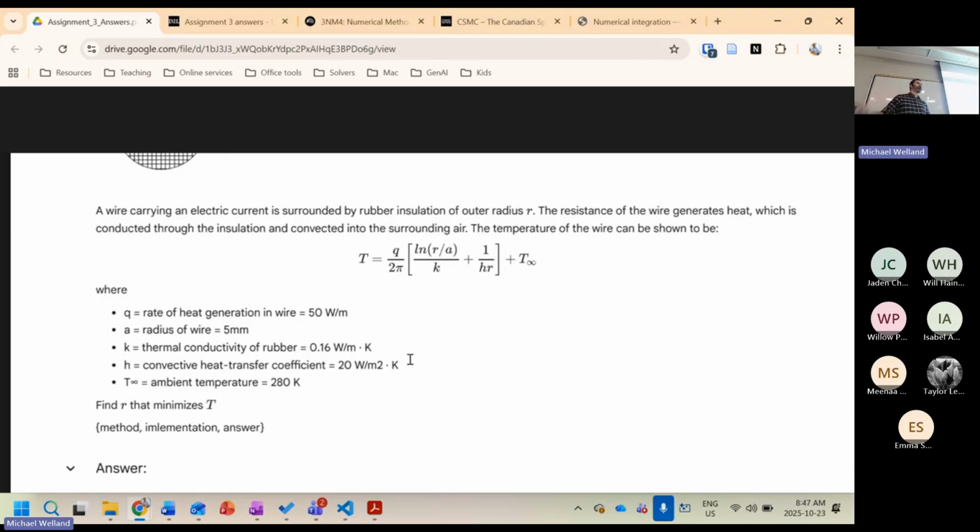Somebody else. Why would you use a gradient method instead of Brent's method? I'm going to start poking on people. Black lunch bag. Tricky.